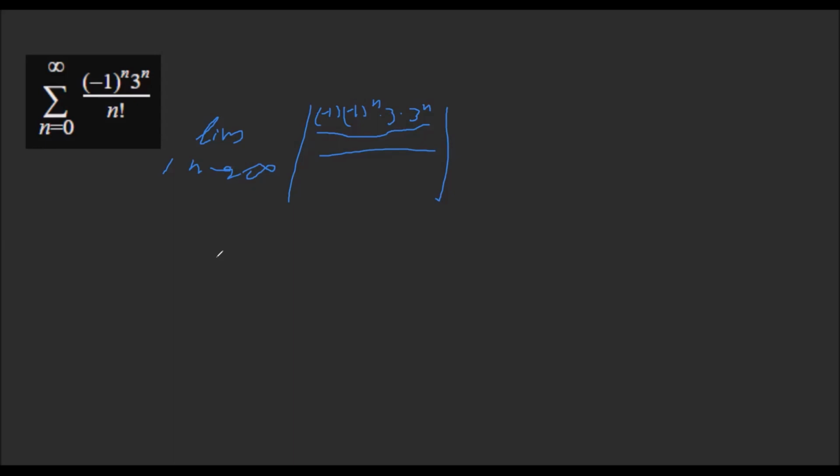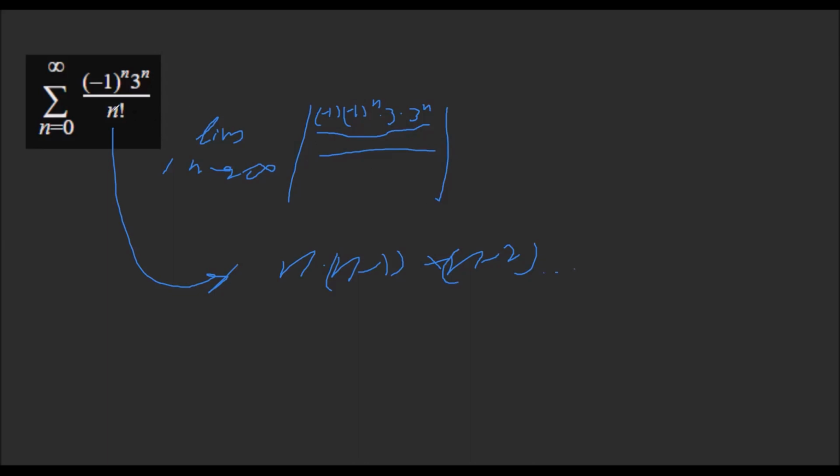And as you know, factorials are the product of itself and every other number smaller than it. So n factorial is actually equal to n times n minus 1 times n minus 2, and so on. This goes on forever.